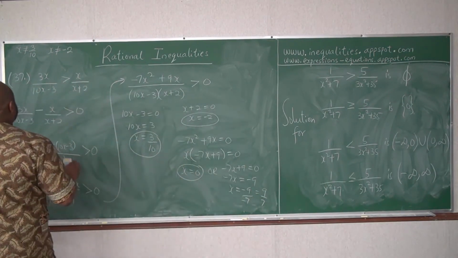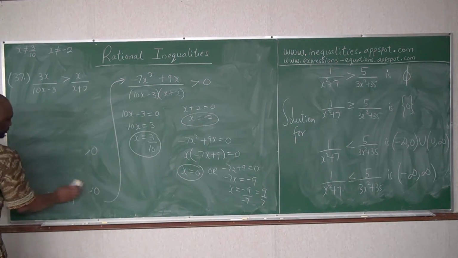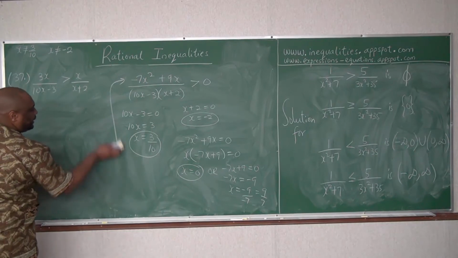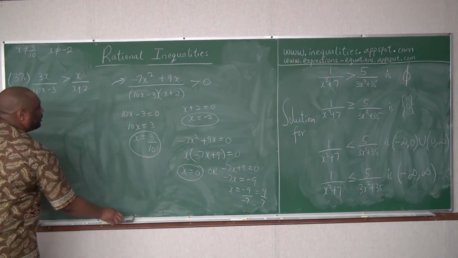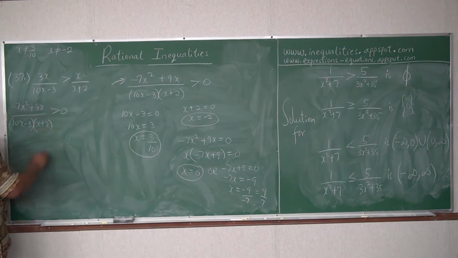So let us write the test points. We need to erase this to have space. So this is the modified inequality: negative 7x squared plus 9x over 10x minus 3 times x plus 2, greater than 0.